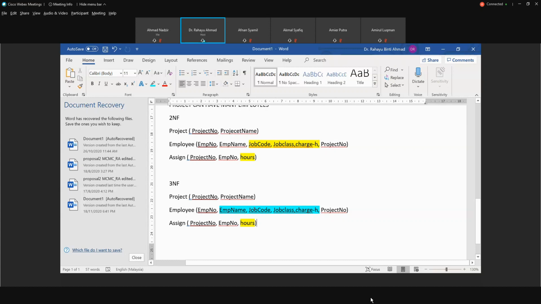Okay, so actually this one, the whole thing here, you can cut. So this one will become job table. Because why? If you know the job code, you will know the job class. If you know the job code, you also know the charge per hour. Okay? So this is your final 3NF.